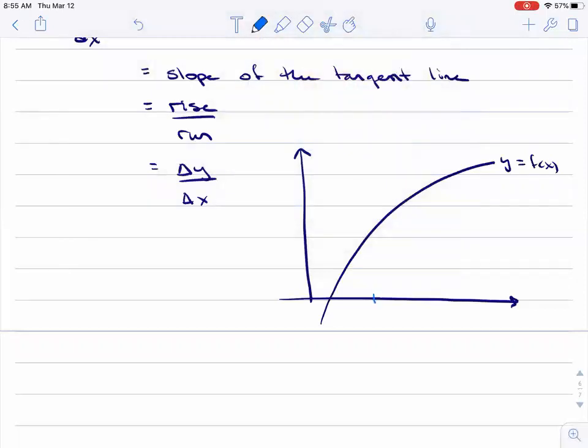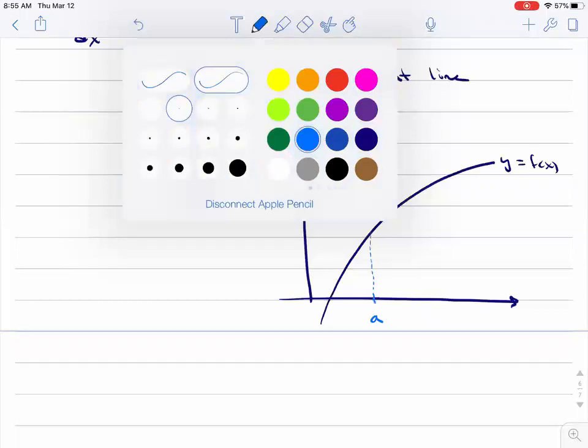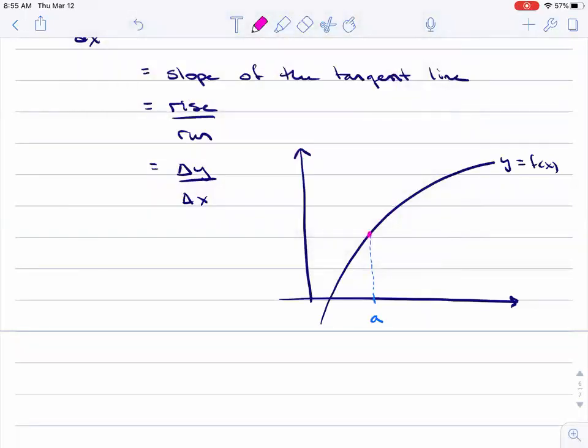And then at some point here, A. And we can draw the tangent line at A. Let's see if I can. Hey, not bad. There. So now I've got that tangent line at A, which has a slope, so not the equation of the line, but the slope is dy dx.